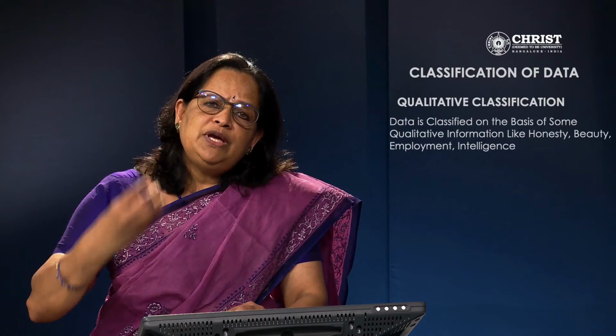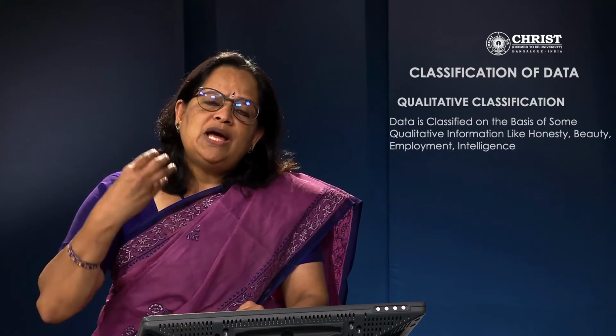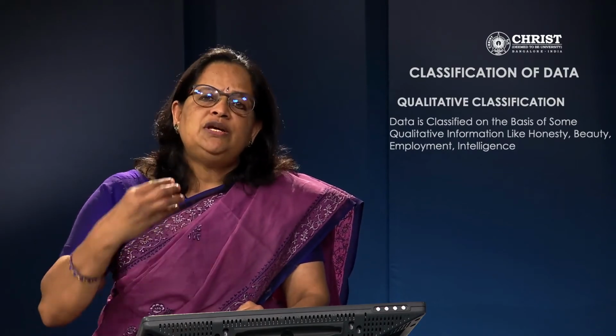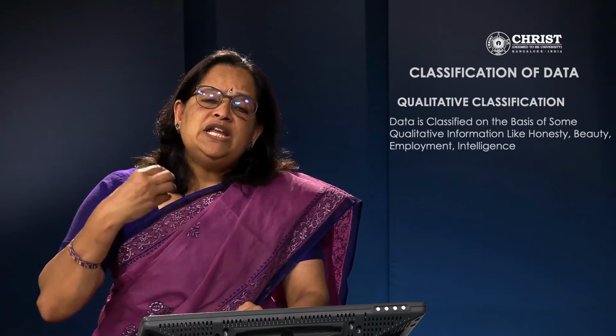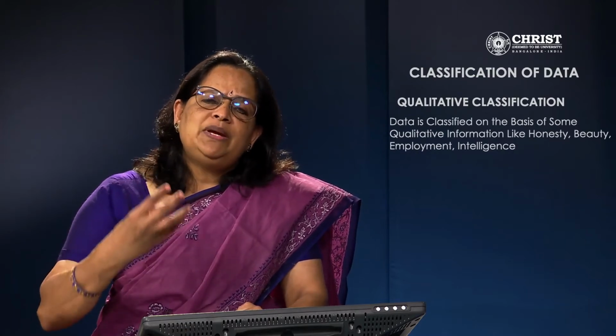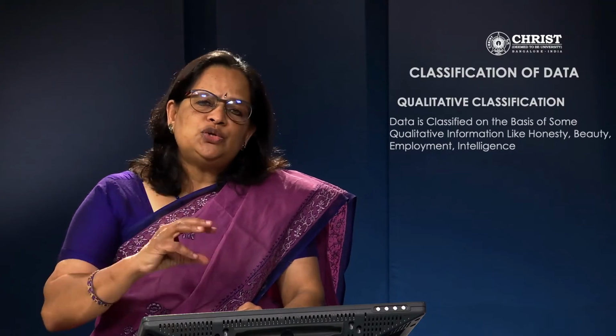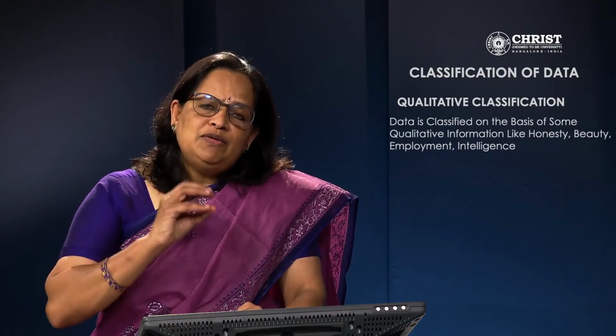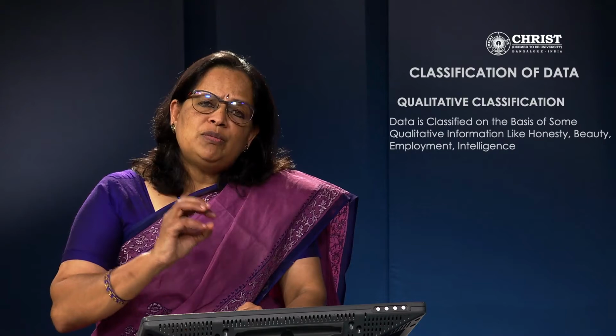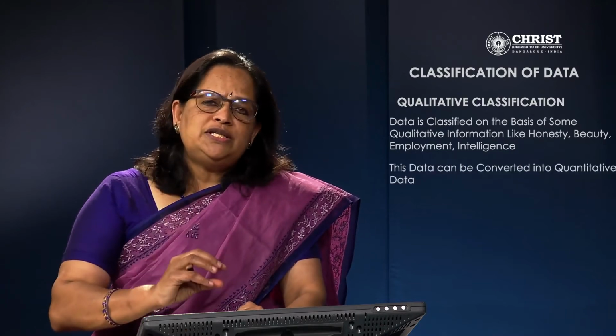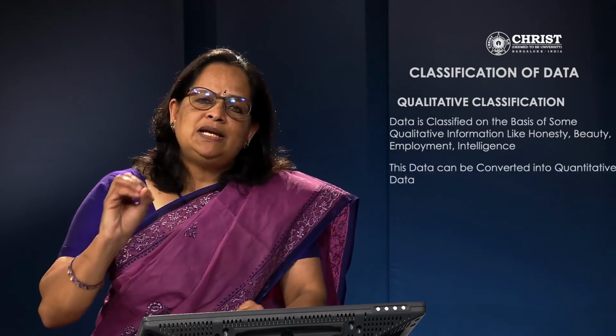Now the third classification is qualitative classification. You have to remember that all the information we cannot measure in terms of numbers. Some information we can measure as a quality: honesty, beauty, employment, intelligence. All this can be measured in terms of characteristics. But later there are techniques, I told you, scaling techniques, and with these we will convert this qualitative information into quantitative information for statistical analysis.